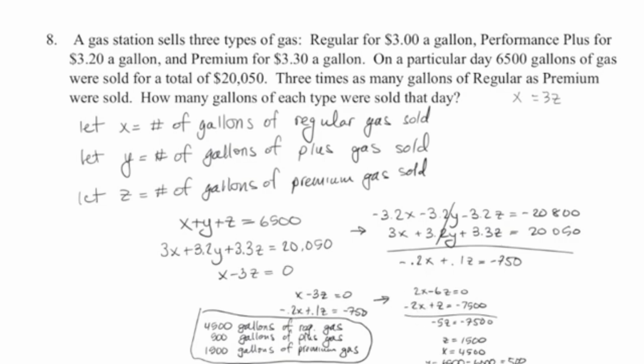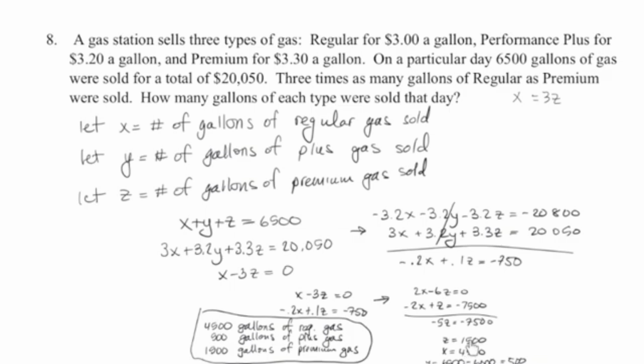So now x eliminates, and 6z minus 1z makes negative 5z. So then z is 1500. And according to this statement, 3 times as many gallons of regular as premium. So if the number of premium was 1500, then 3 times that is 4500. So that's regular gas. And then there's only 6,500 gallons to go around that day.